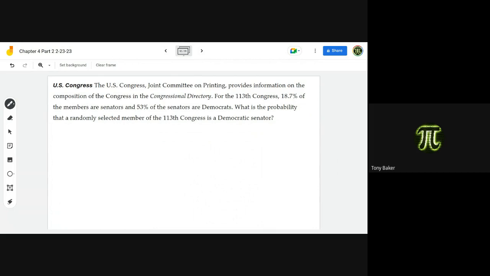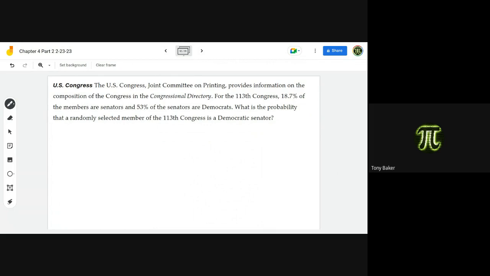I was one off. Every 2 years it goes up. So, the composition of Congress: for the 113th Congress, 18.7% of the members are senators. 53% of the senators are Democrats. What is the probability that a randomly selected member of the 113th Congress is a Democratic senator?